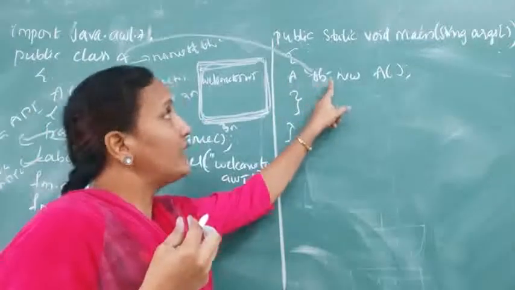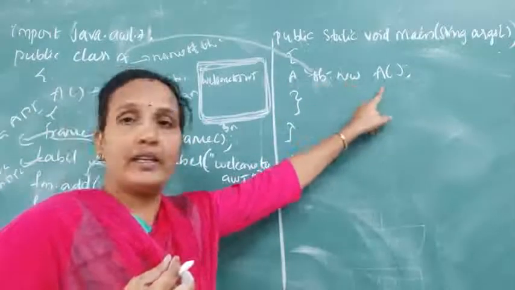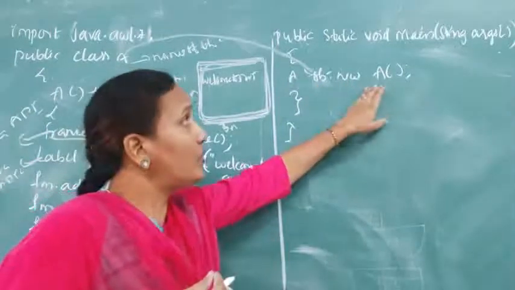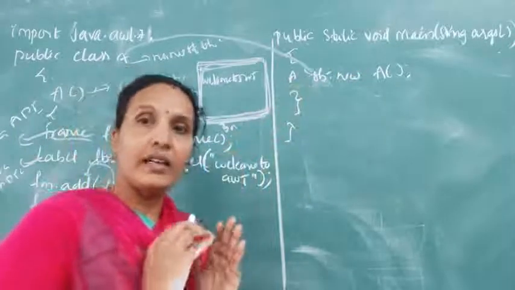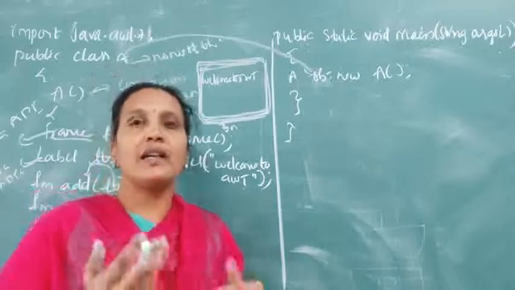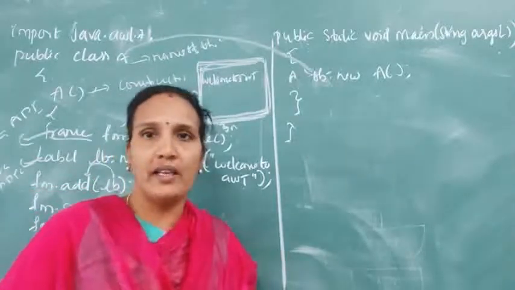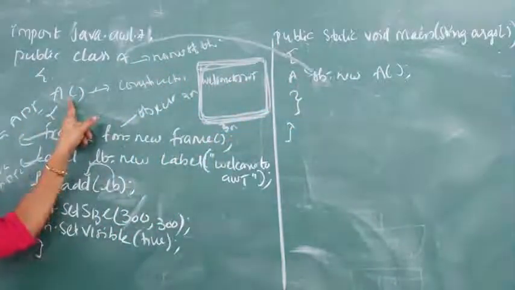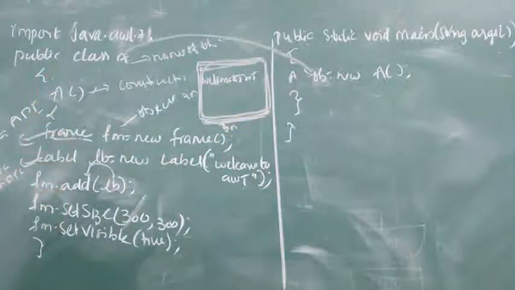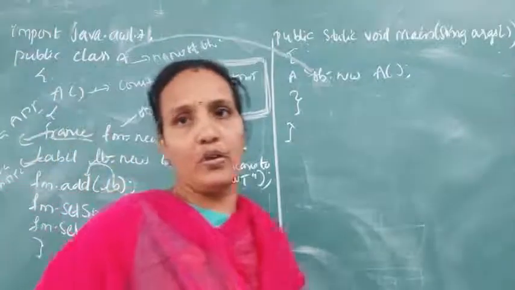A will be equal to new A. Here A is a constructor. So when you create an object of this class, whatever constructors are there in this class will be automatically executed. So in this class we have a constructor. So automatically this will be executed when you create an object.